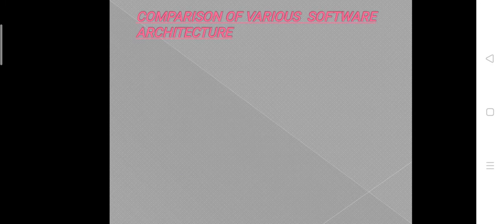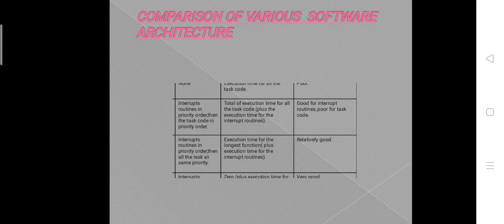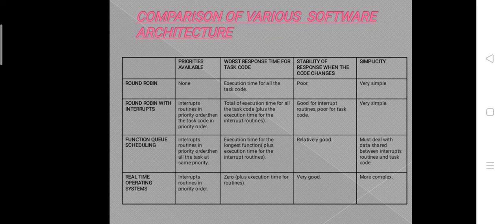Now here I am going to compare various software architectures. Those software architectures are round robin, round robin with interrupts, function queue scheduling, and real time operating system. I am going to compare those four with respect to priorities available, worst response time for task code, stability of response when the code changes, and the simplicity.